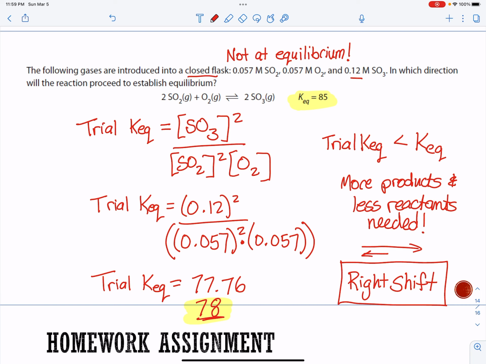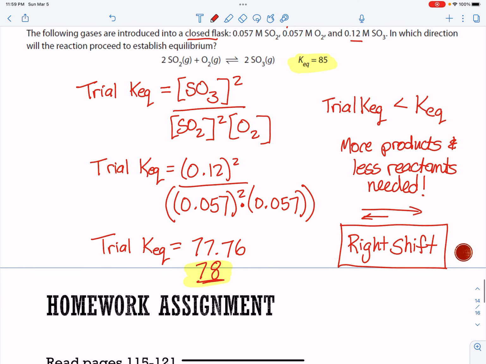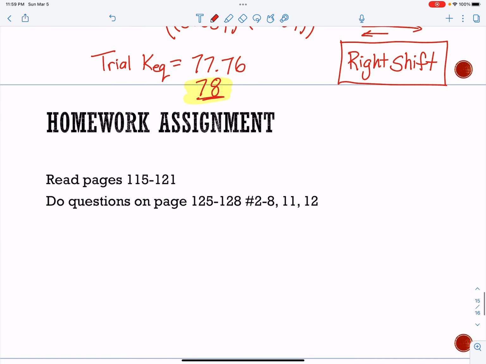All right, that's it for the lesson for today. For today, I'd like you to go through and read the pages in your workbook that are related to KEQ. I think that's on pages 115 to 121. And then you can try the practice problems in your workbooks on pages 125 to 128.